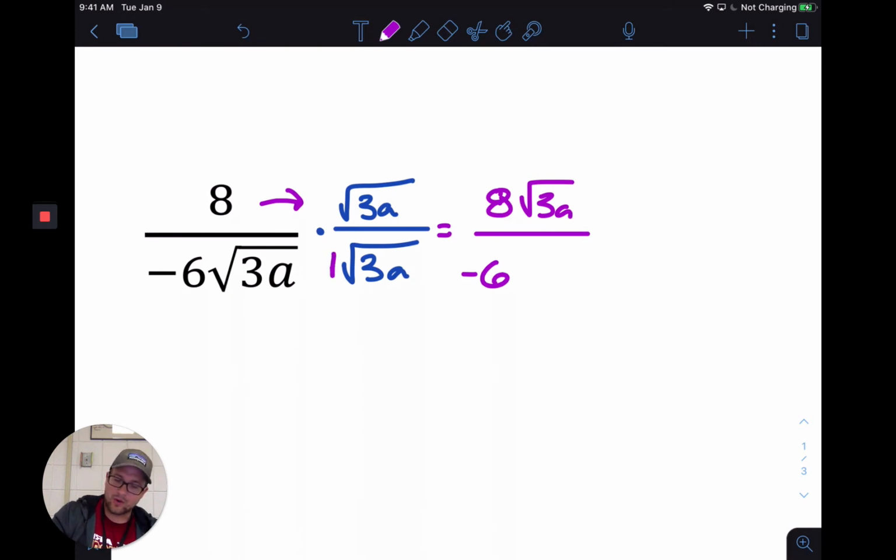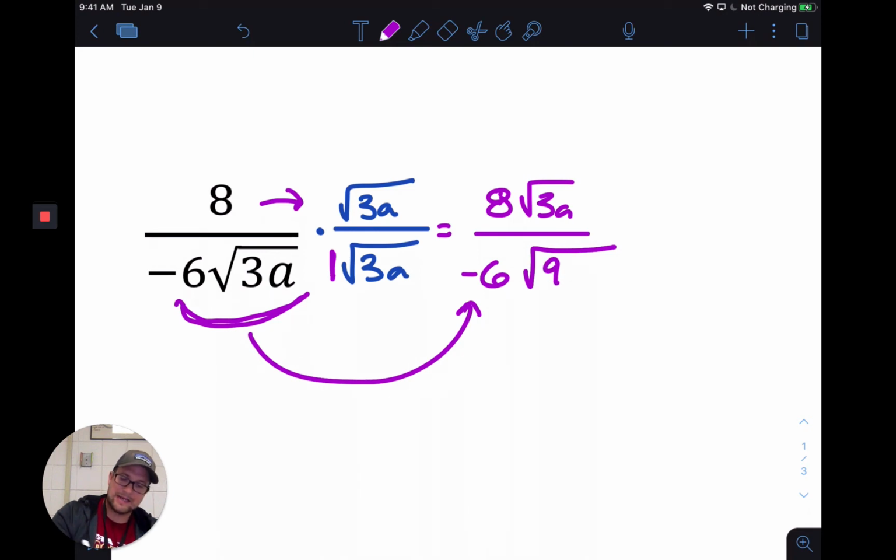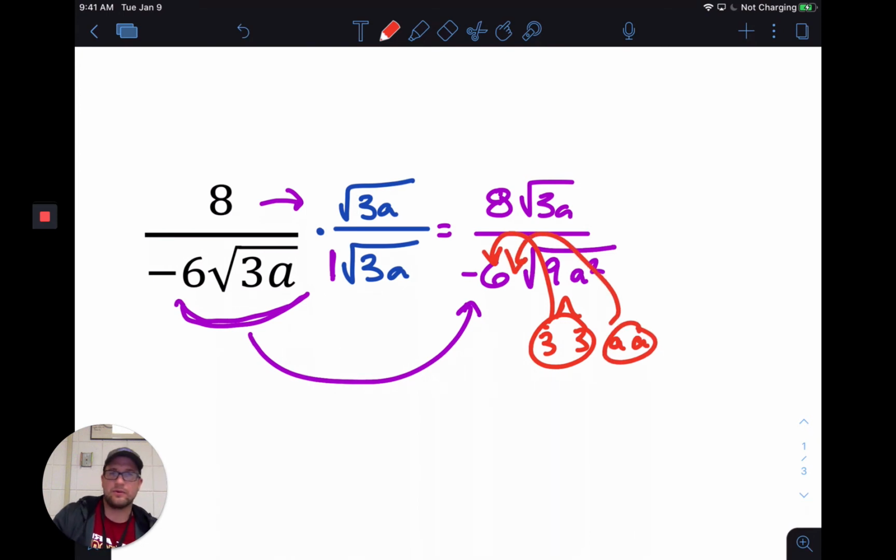Since this is like a 1 here, negative 6 times 1 is what's giving us this. And then when I multiply my insides together, 3 times 3 would just be 9, and a times a is a squared. And if I wanted to simplify this piece, 3 and 3 is what 9 is, and a squared is just a and a, so I can pull a 3 out to the front, and I can pull an a out to the front.